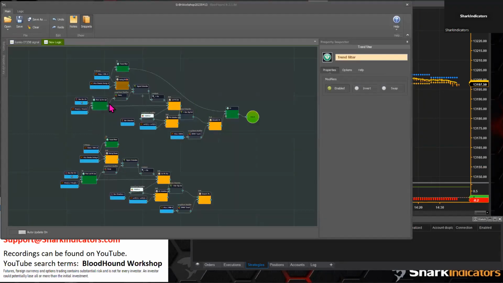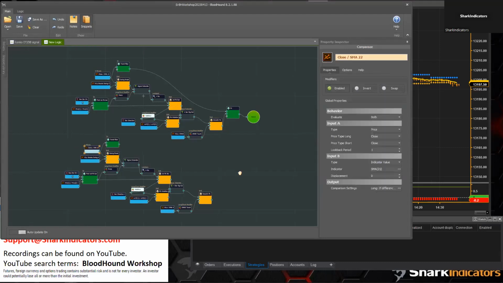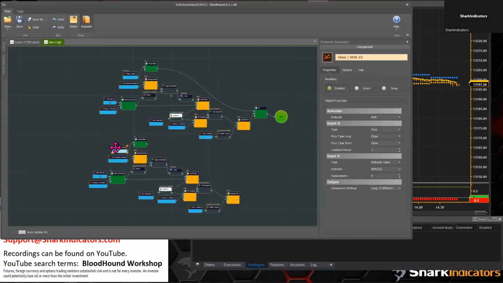So you can only look at one of these trend filters at a time. So if I wanted to switch this to a 1 minute trend filter there... Oh, actually, it didn't save my name there.